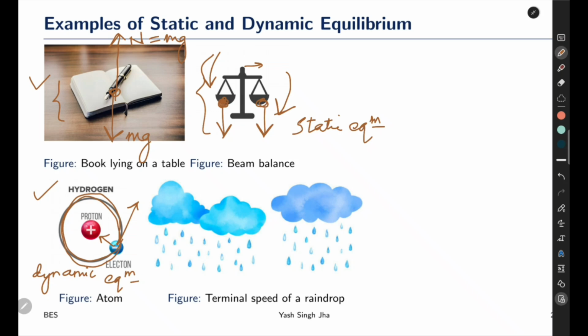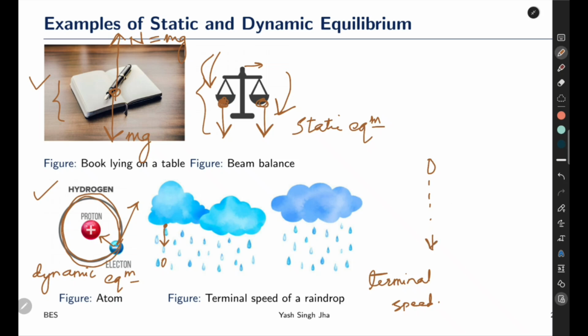One more example of dynamic equilibrium is rain falling. So what happens when it's raining? The raindrops initially gather speed, and at a particular point in their fall, they acquire something called terminal speed. After that point, they keep falling downwards with a continuous and uniform speed.